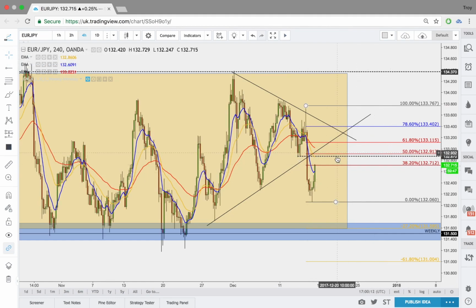So this would be a nice area to place a sell trade. Okay, so if it can whip straight back up here, continue up, sell trade back down to the bottom of the box. As you can see, this Fibonacci is very confluent with the bottom of this box. Sell it to there. That would be a decent trade.